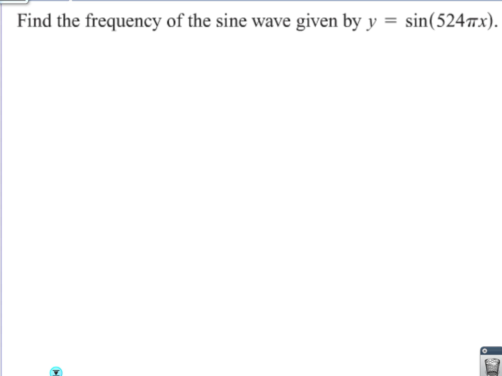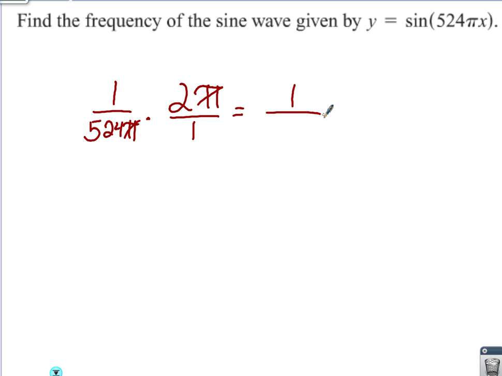Problem. The normal period of a sine curve is 2 pi. This one has been compressed by a factor of 1 over 524 pi, right? The pi's cancel. That leaves you with 1 over 262 as the period. Everybody good with that?